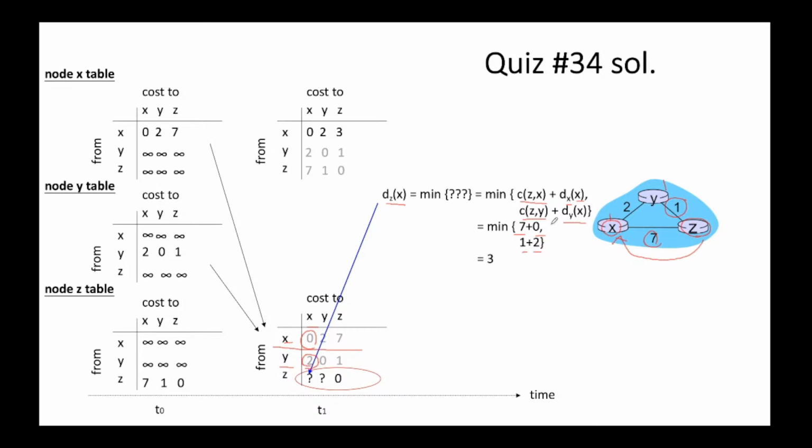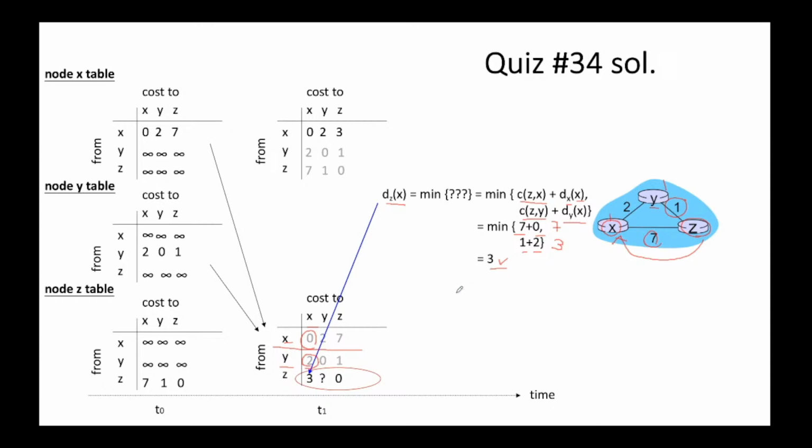So going through X, we get a path with cost 7. Going through Y, we get a path with cost only 3. Therefore, 3 wins. So you see here, to go from Z to X, the shortest path distance is 3. And the next hop is obviously Y.